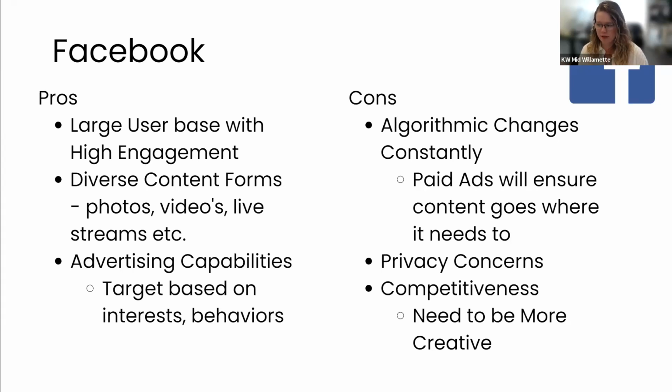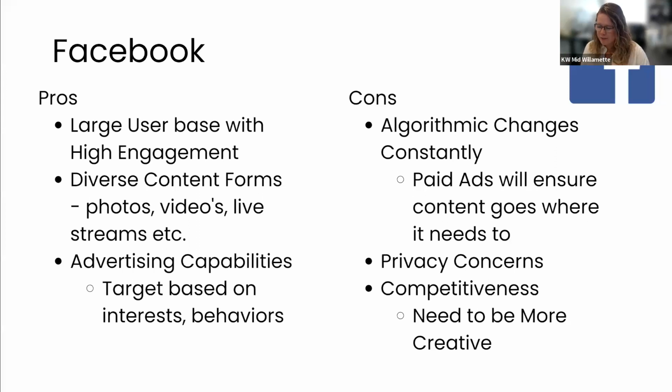Facebook itself does a really good job of looking at advertisements based on certain interests and behaviors, like certain groups of people that love homesteading, or certain groups of people that love doing cross country, or just all sorts of different types of hobbies that people like to enjoy. You can target your ads based on that.